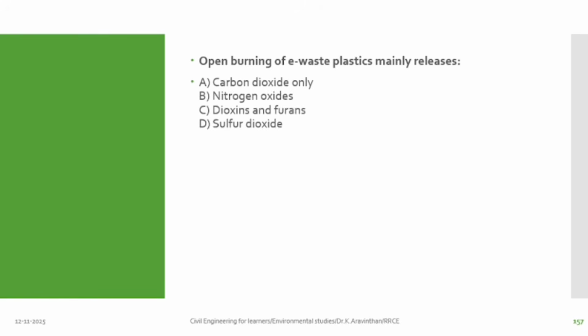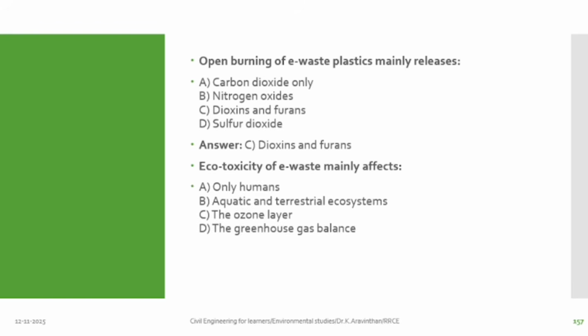Next one, open burning of e-waste plastic mainly releases dioxins and furans. Next one, ecotoxicity of waste mainly affects... Ecotoxicity means affecting plants and other aquatic and terrestrial ecosystems. Yes.